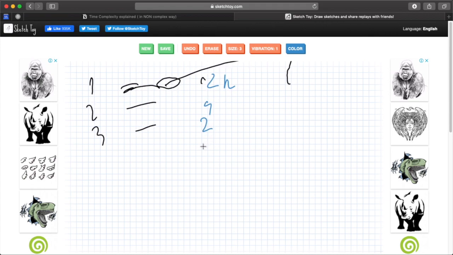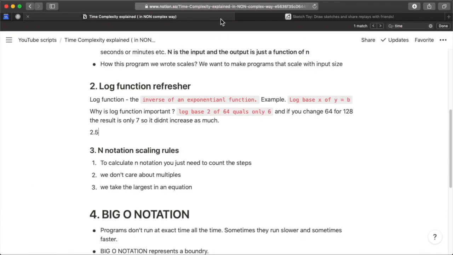And this executes, let's say, 2 times. So if we sum up these numbers, we get 2n plus 6, and this is our complexity. And now we come to the asymptotic notation scaling rules.